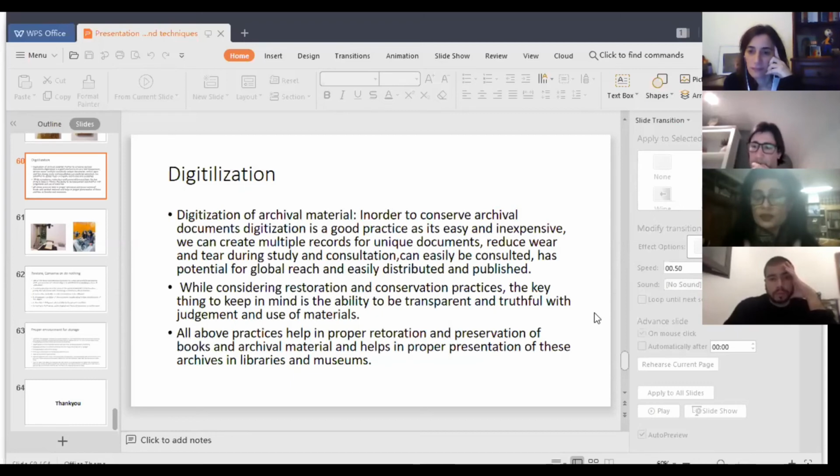So we have to study the document in detail, see what kind of inks were used. And of course, it's a difficult process because research is still going on inks, but it's just the knowledge that we have that helps us to devise a plan for that.